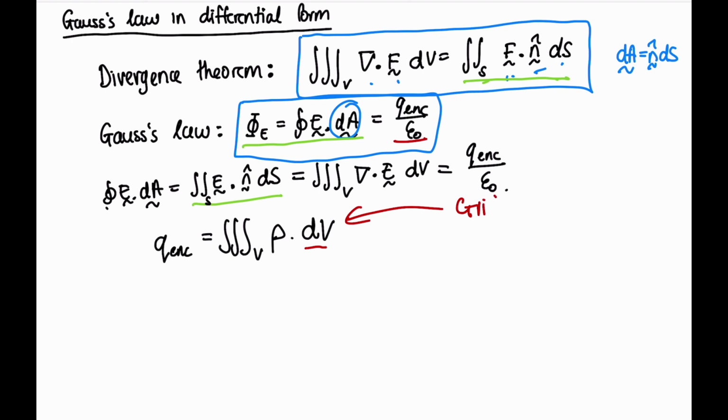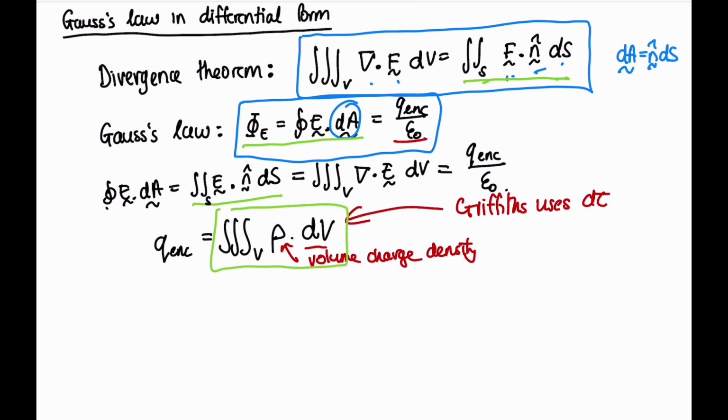Griffiths uses d tau. So d tau in Griffiths means the same thing as my dV here. I just find dV a bit easier because it's an increment of volume. And this is rho here, which is the volume charge density. And so you know that if you need to get the total charge, you just integrate that charge density over the entire volume.